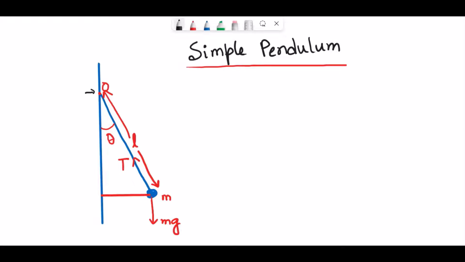To find the torque on the system, we first notice that this angle here is also theta. If we want to find the torque exerted on the system with respect to this point O, the point from which the mass is hanging in our diagram, let the torque be tau.